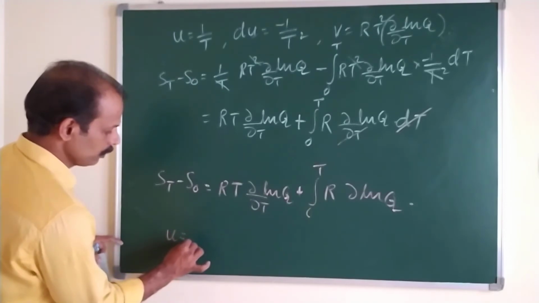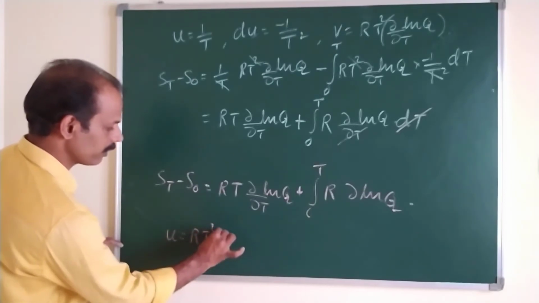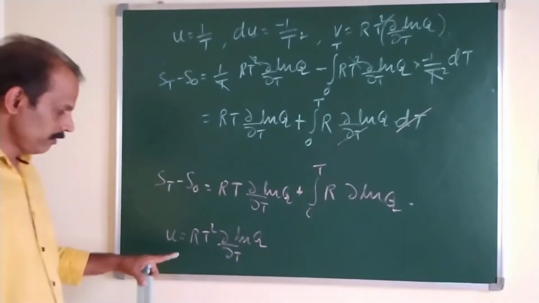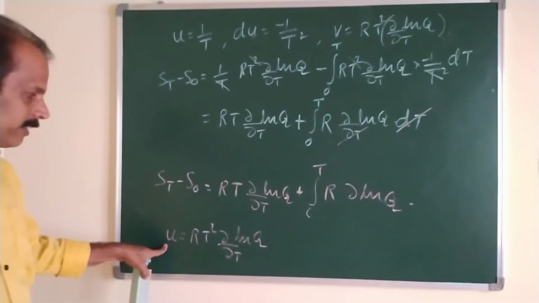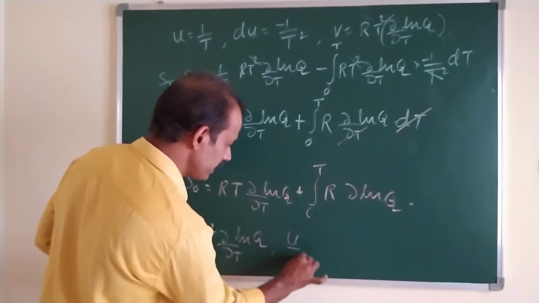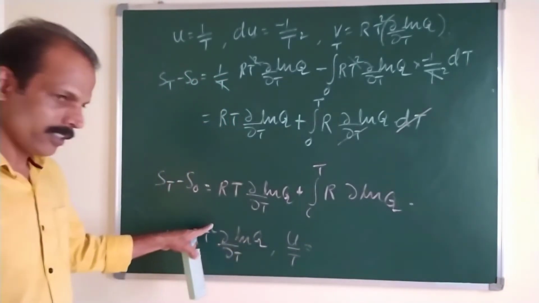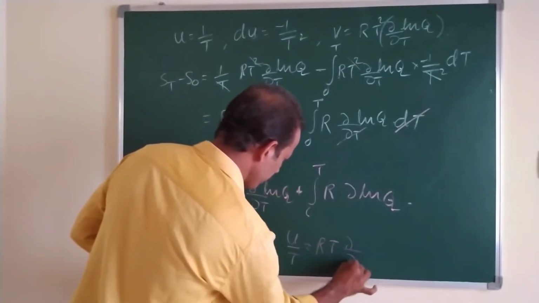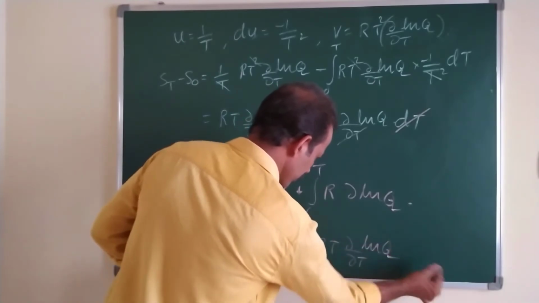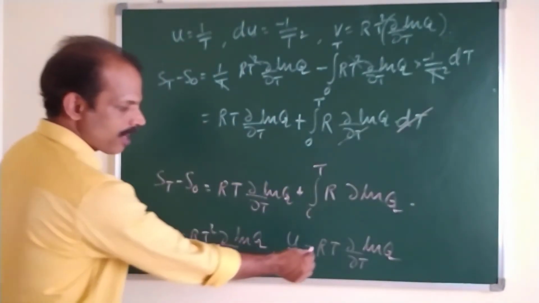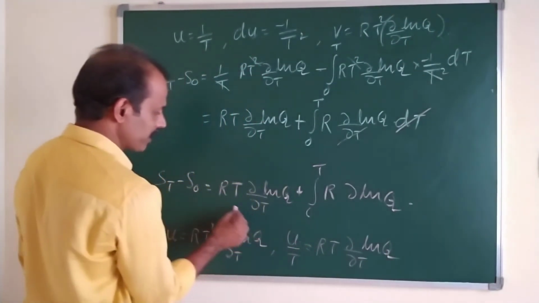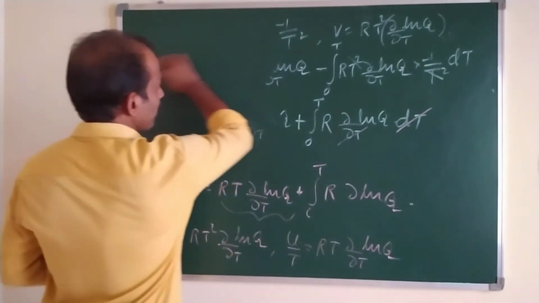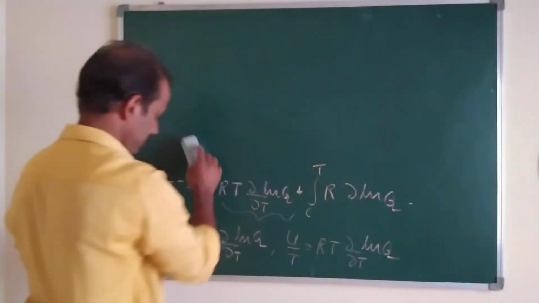U is equal to RT² ∂/∂T ln Q. Then we divide by T, we get U/T is equal to RT² /T, that is RT ∂/∂T ln Q. So RT ∂/∂T ln Q is equal to U/T. So we can replace that by U/T.